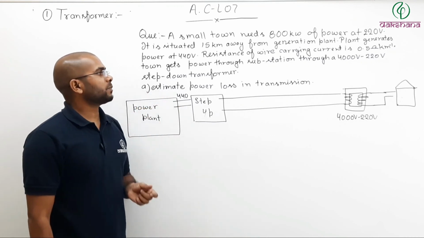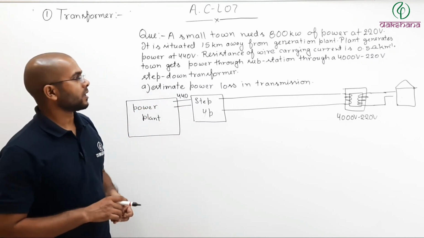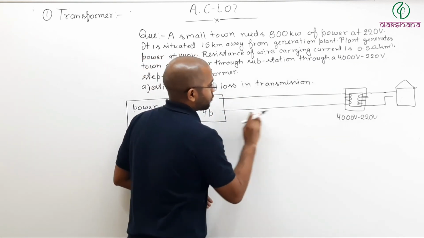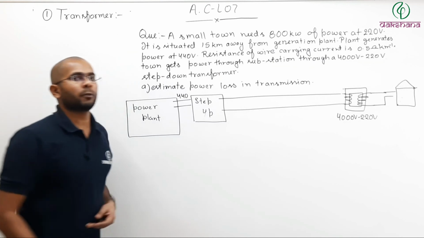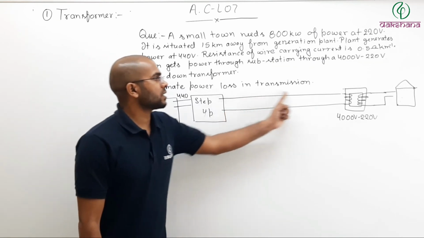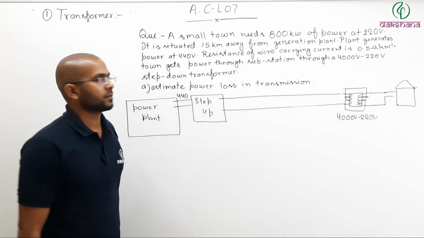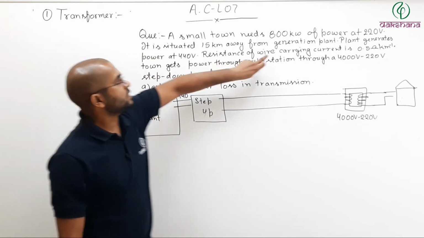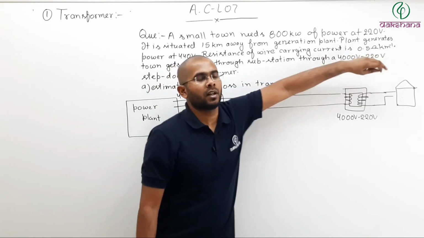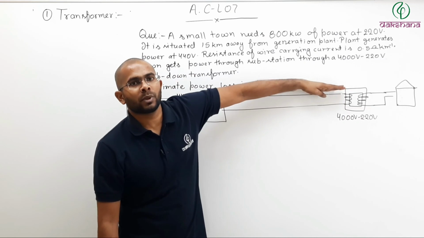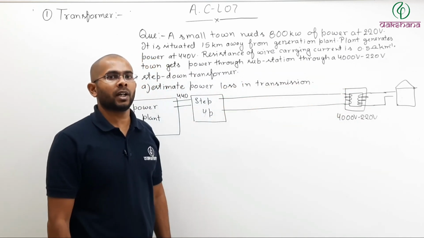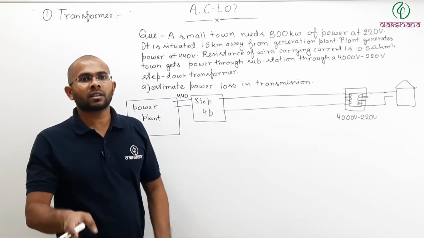One is to estimate power loss in transmission. Meaning I have to find, during the power transmission through these lines, how much power was lost. First let us find the resistance of these two wires. It is given that the resistance of the wire carrying current is 0.5 ohm per kilometer. Now if the distance is 15 km and there are two wires, what is the total length of the wire? 15 plus 15, that is 30.